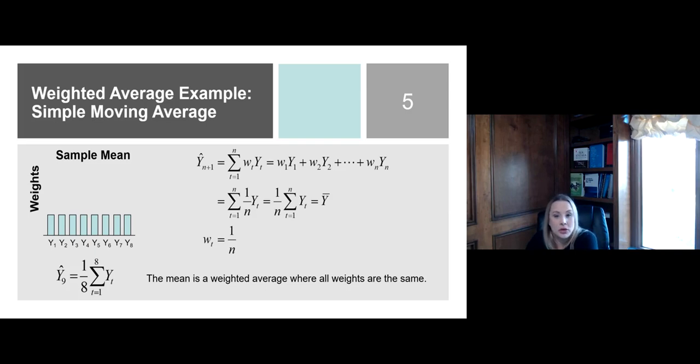So there is an alternative where the equal weights do not start at the first observation, as we see here. This alternative will place equal weights on the most recent n terms in the series, giving each of them an equal weight of 1 over n and 0 to all the remaining prior observations. If we compare this to random walk, we're taking the weights as 0 for all of them except for the most recent.